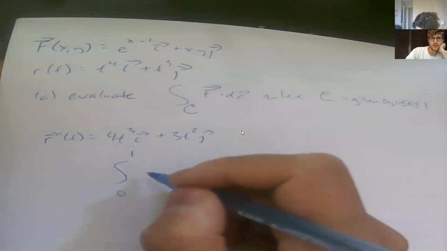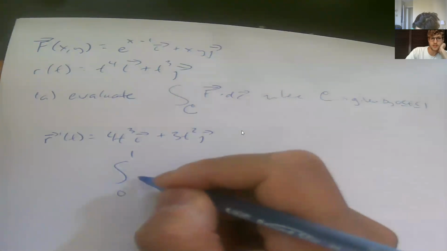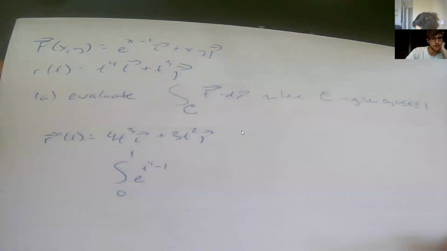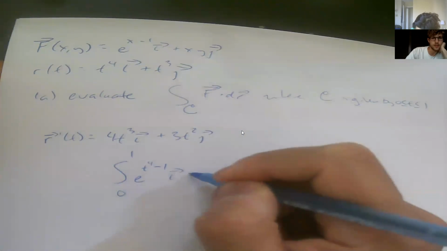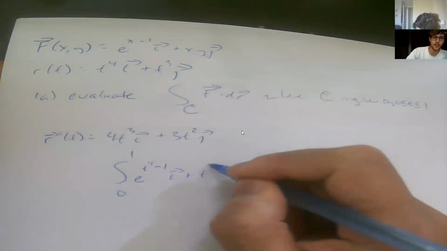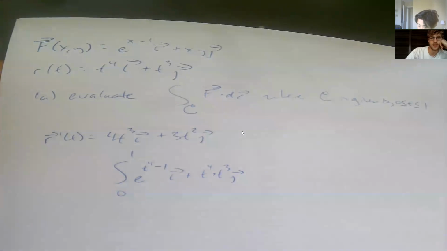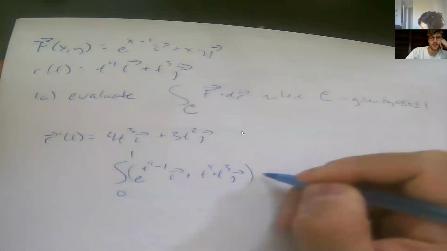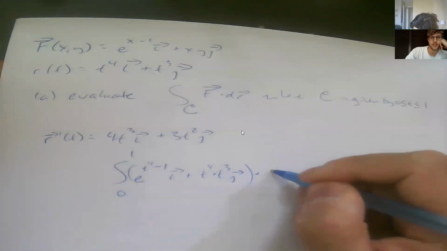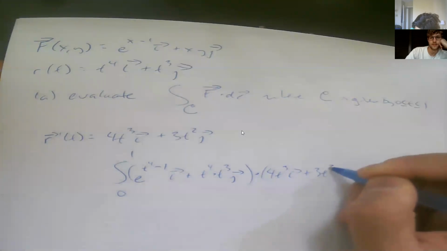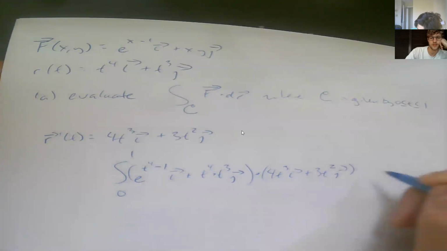So what is f of r of t? e to the t to the fourth minus 1, plus t to the fourth times t to the seventh, I guess. And I'm going to take this dotted with 4t cubed i plus 3t squared j dt.